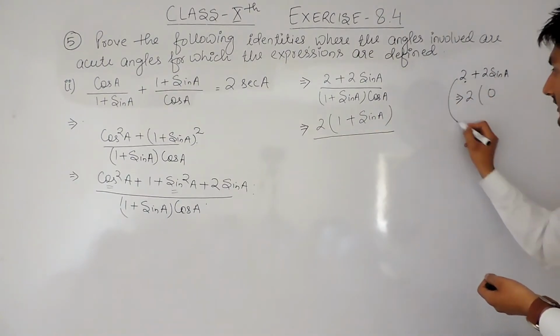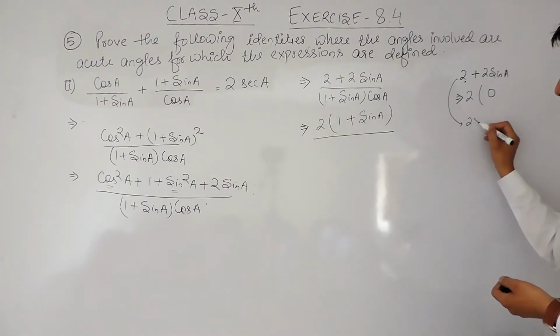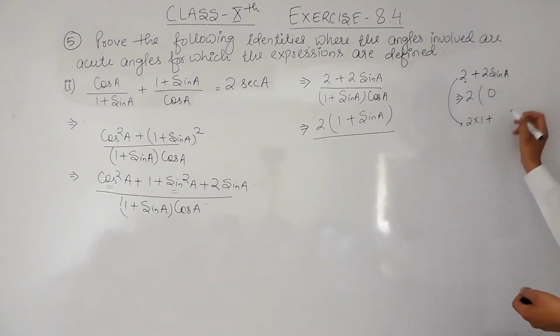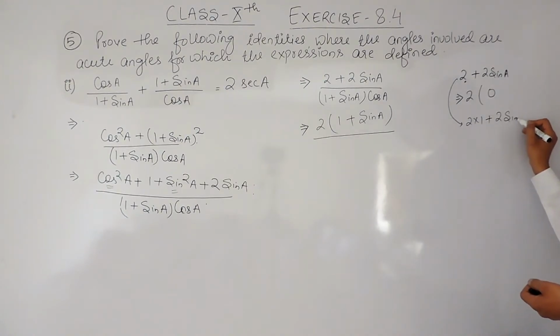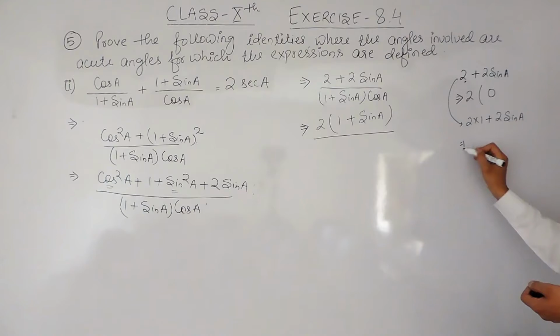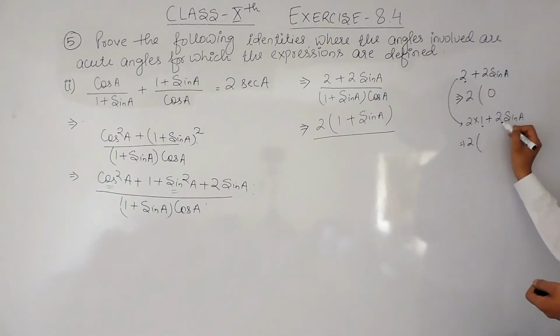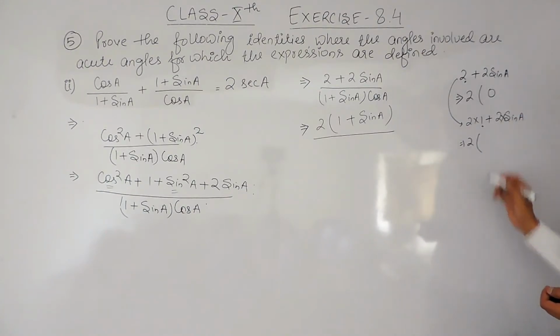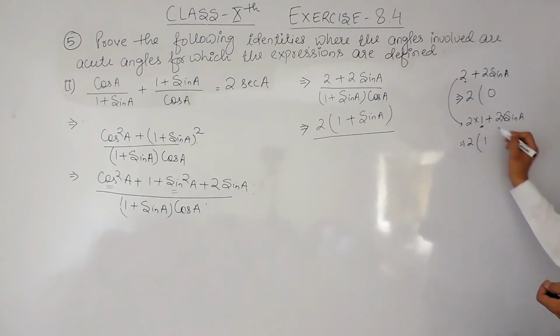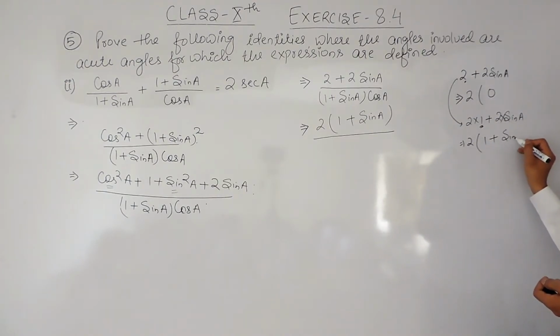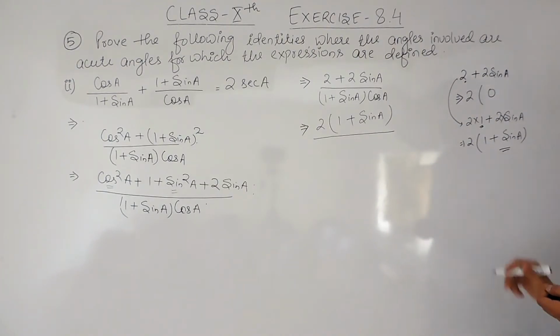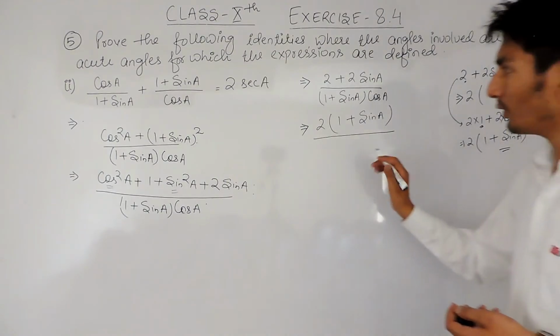It means 2 can be written as 2 multiplied by 1, and 2 sine A can be written as 2 multiplied by sine A. So 1 and sine A will remain inside the bracket. Okay, this is important here.